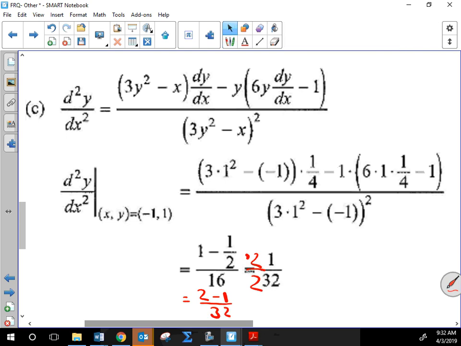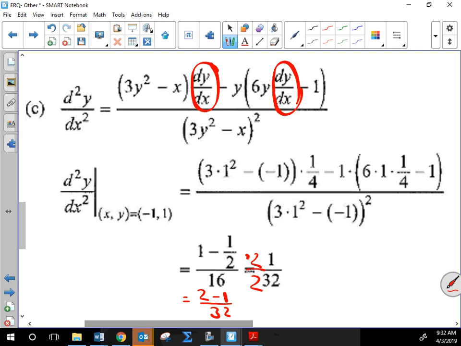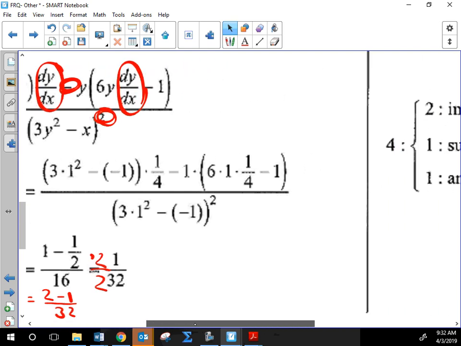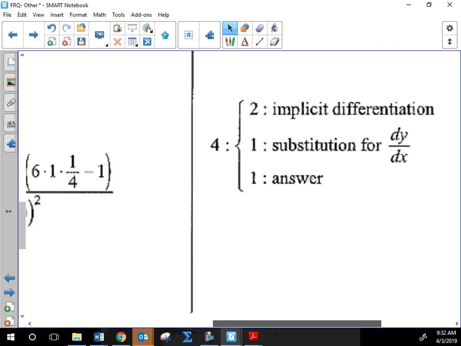So we're going to take a look just to see how you do with this. We had to do quotient rule, and don't forget your dy dx's. Couple key things with quotient rule: make sure you have that it is minus on top, and don't forget your squared there. Okay, so our points for this. 2 points for the implicit differentiation.